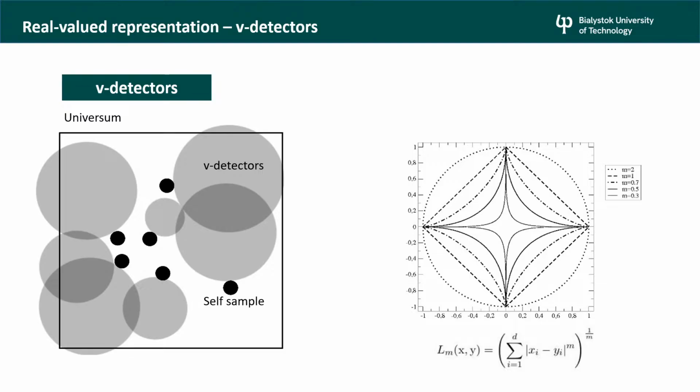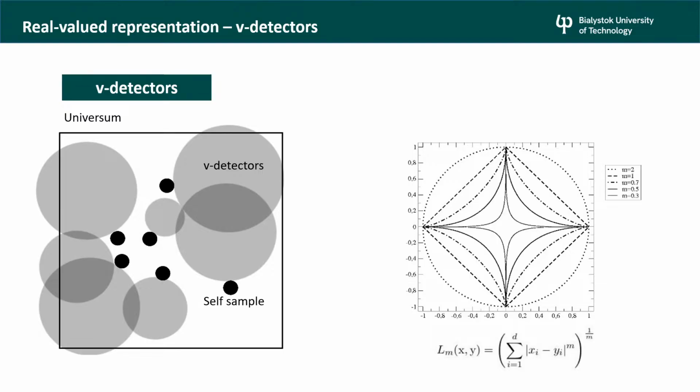So if you assume that this square or cube is a universe set, the self-samples are represented. Let's focus on two-dimensional data sets. The universe is a square. Self-samples are represented by circles with a radius, and the detectors are also represented by circles.